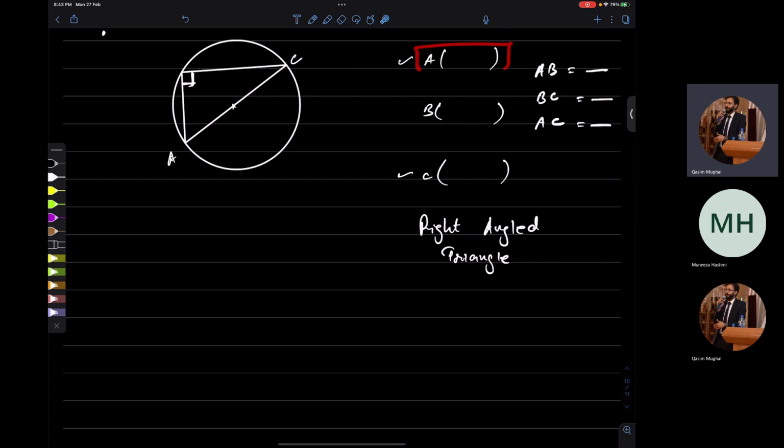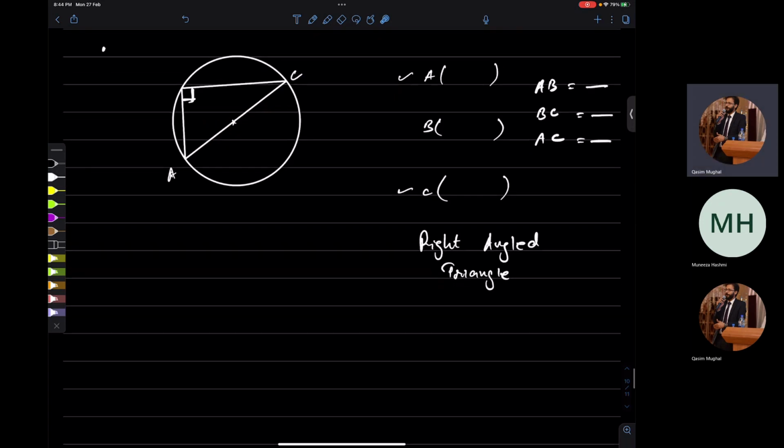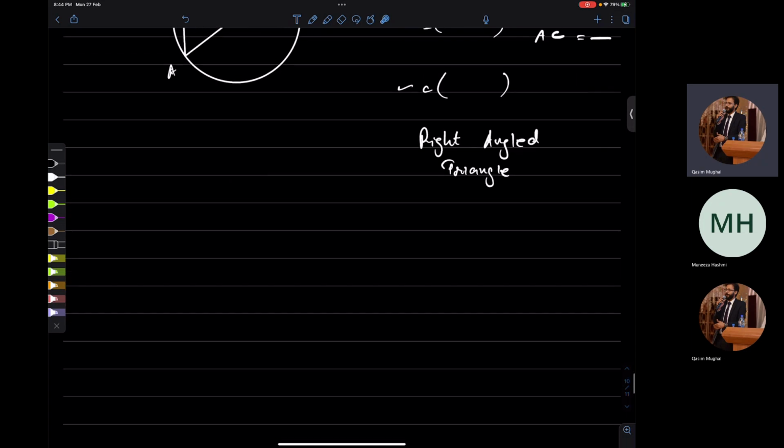Once I know that the line connecting A and C is the hypotenuse, if I work out the midpoint of A and C, it is going to give me the coordinates for the center of the circle. And if I halve the length of the hypotenuse, that is going to give me the radius. And then boom, the radius is there, and the coordinates for the center of the circle are there. So I can easily work out the equation of the circle. Got it?